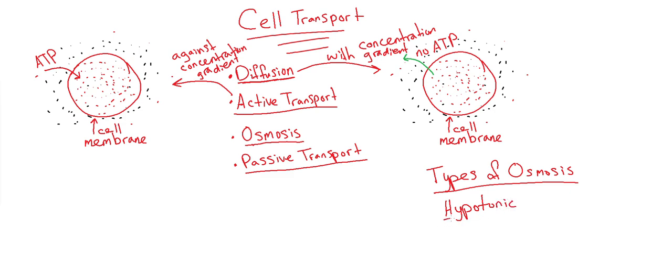The prefix hypo means below, or beneath. Hypotonic means that there's more water outside, which would be the case if I have another cell right here.